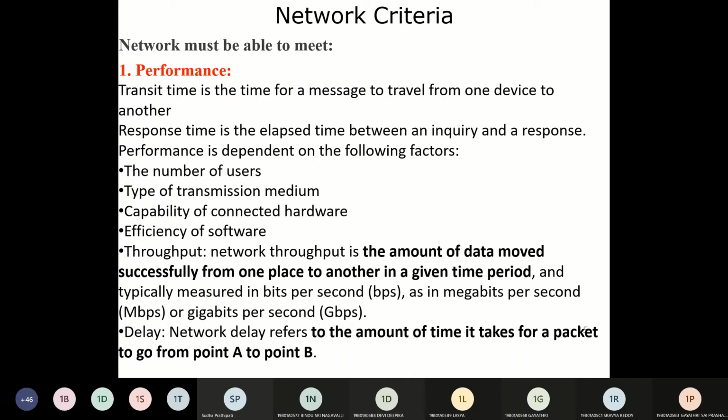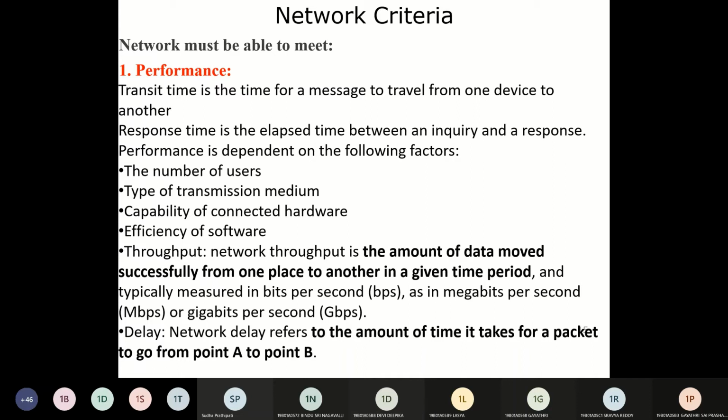It depends on the type of transmission medium as well, and also the capability of connected hardware. There is a difference between a supercomputer and commodity hardware, so the hardware plays a major role in measuring the performance of the network, and then the efficiency of the software, and throughput. Throughput is another factor which affects the performance of the network.